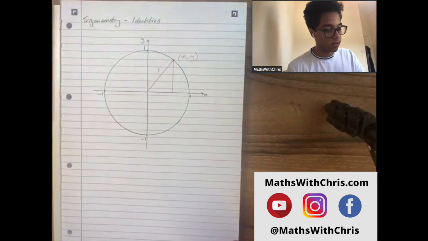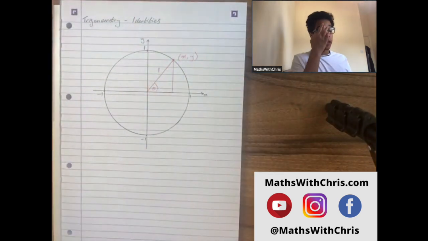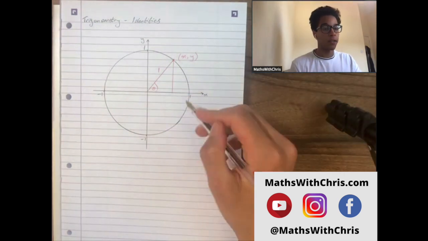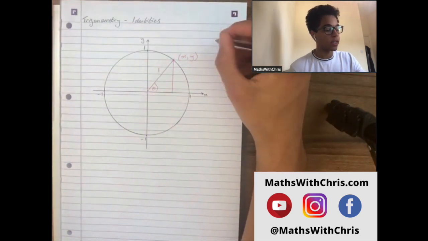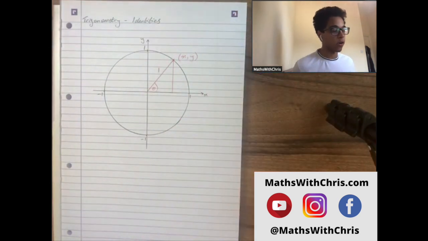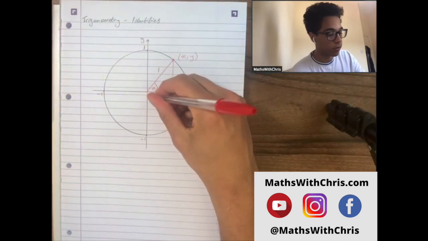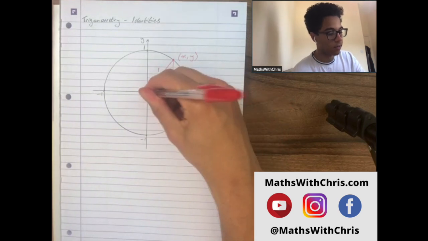Let's say this is theta. What do we know? This length here is the adjacent, and we've got the hypotenuse. Adjacent and hypotenuse means we can use cos, so this length is just cos theta.